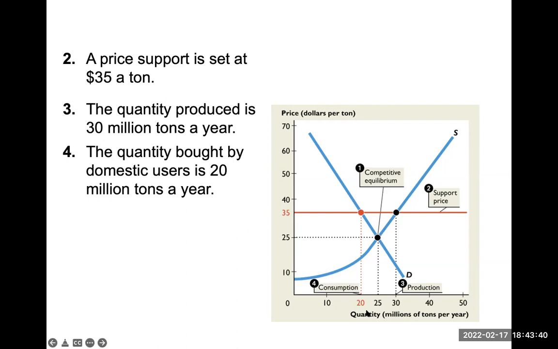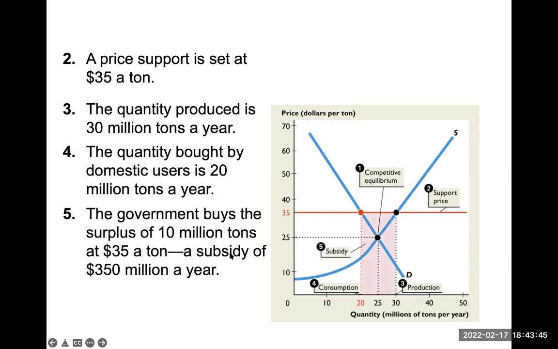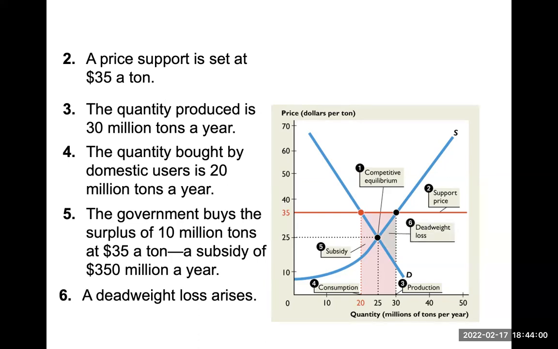The government would buy the surplus of 10 million tons at $35, which is even higher. So that is a subsidy of $350 million, and this is how they would give a subsidy per year.